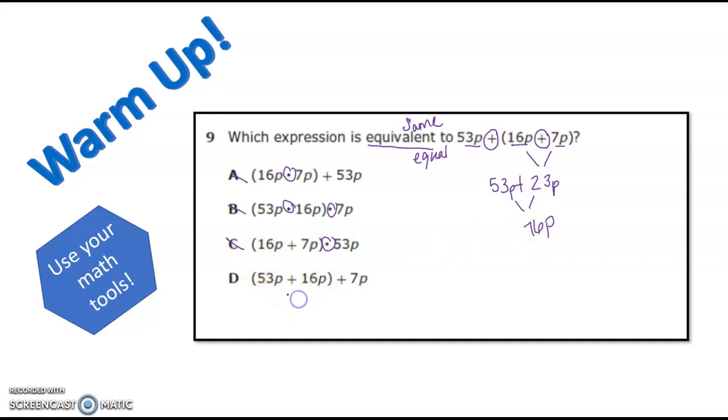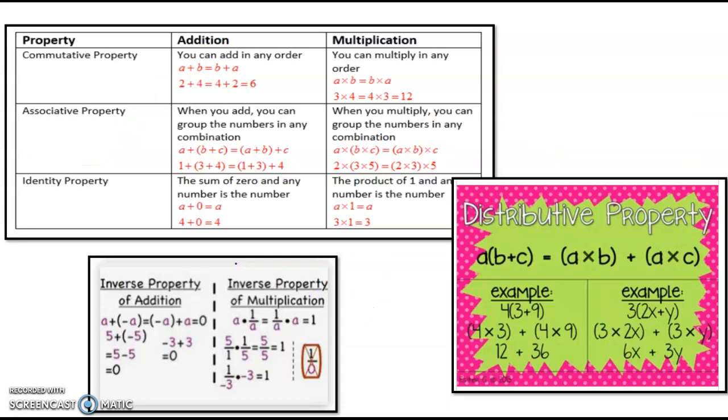We've got 53p and 16p, so we've got 69p plus 7p. That equals 76p. So, yep, that checks out. D's our answer.